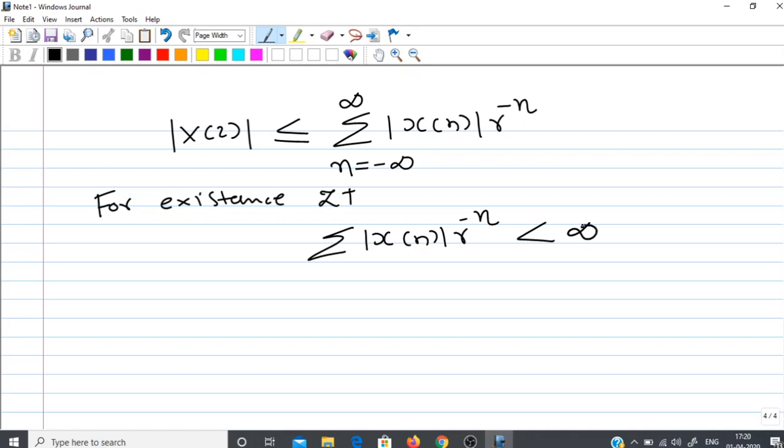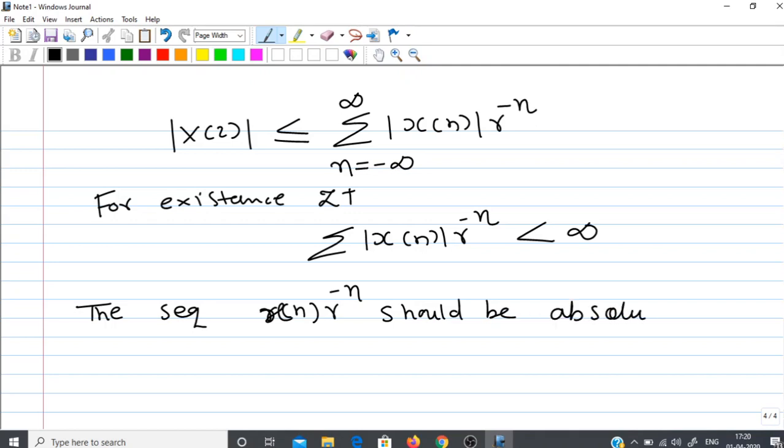This should be finite. Or I can say the sequence x[n] r to the power minus n should be absolutely summable. You can write this summation also like this.